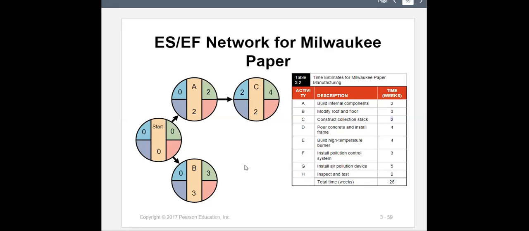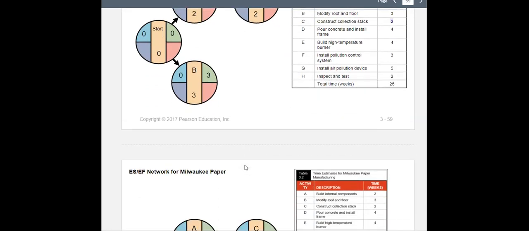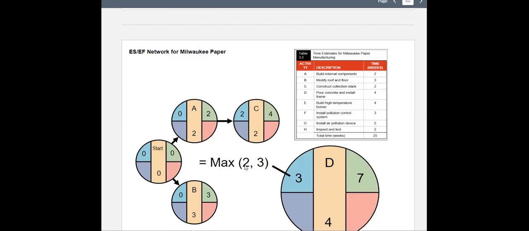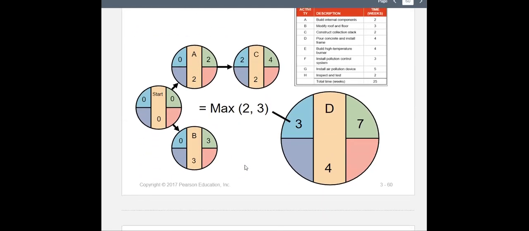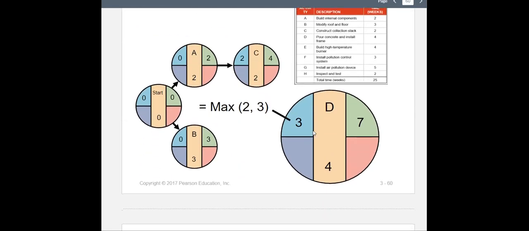And we can continue this process. But let's see a case that has 2 earlier tasks, and that's D. So task D, if you look at the network we created earlier, is dependent on both A and B. So D cannot start unless A and B both have finished. A takes 2 weeks, but after 2 weeks, B is not completed.